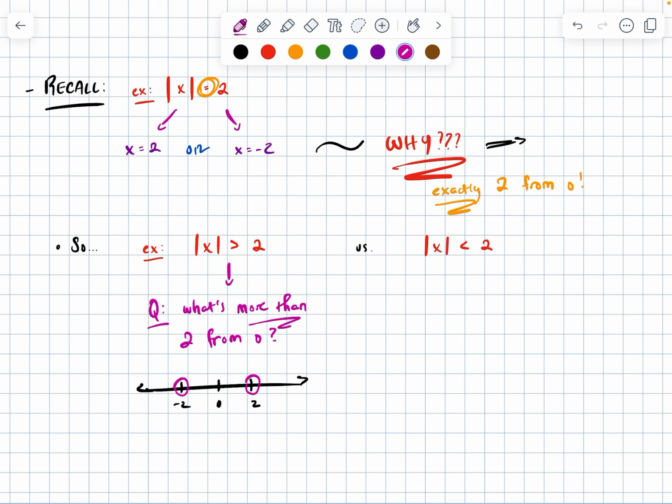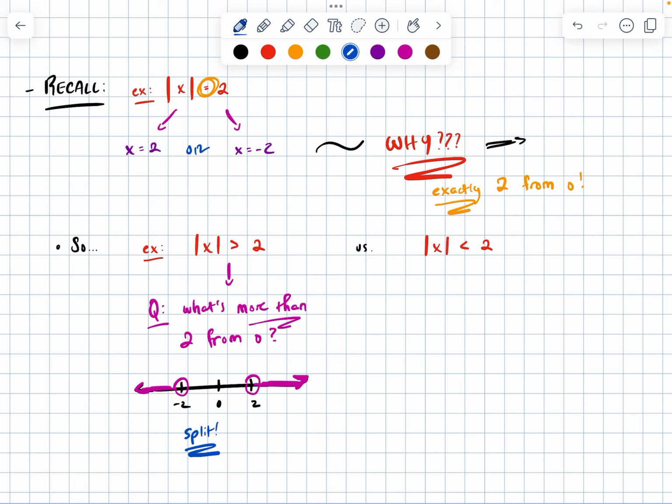But if I want stuff that's more than 2 units away from 0, where on the number line would it need to live? Well, it needs to be either to the right of the 2, getting farther from the 0, or to the left of the negative 2, which is again farther from the 0. This, as we saw in our example above, here's our split.